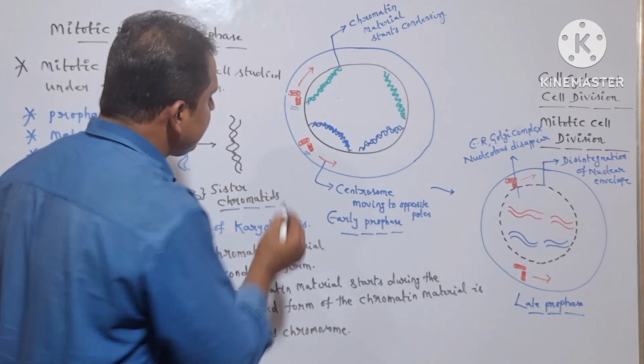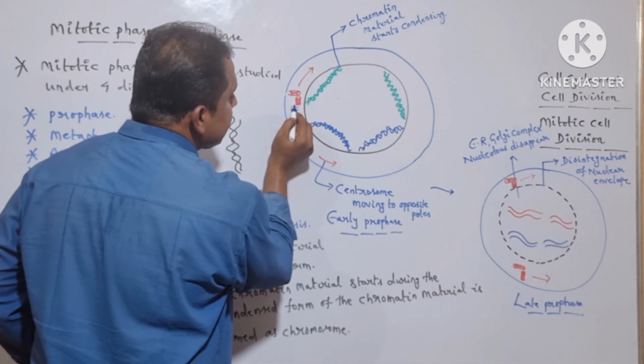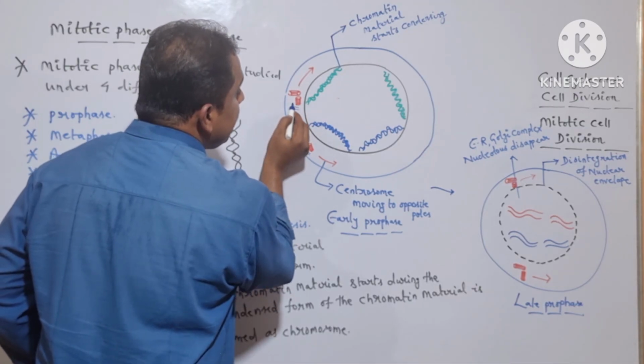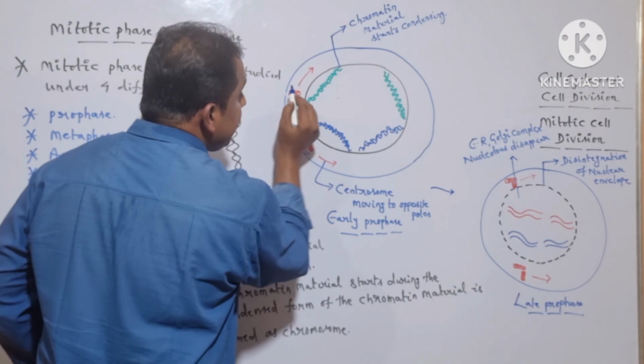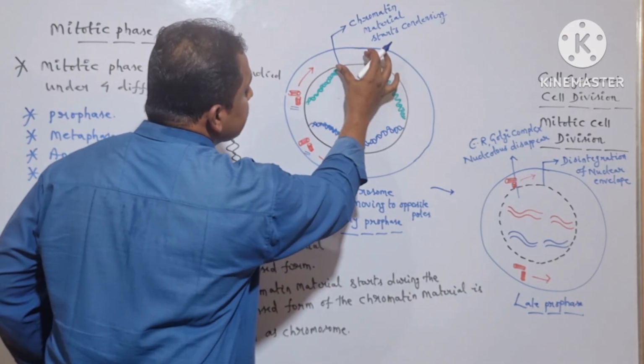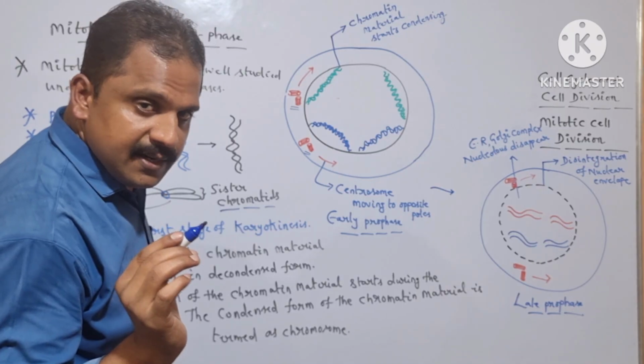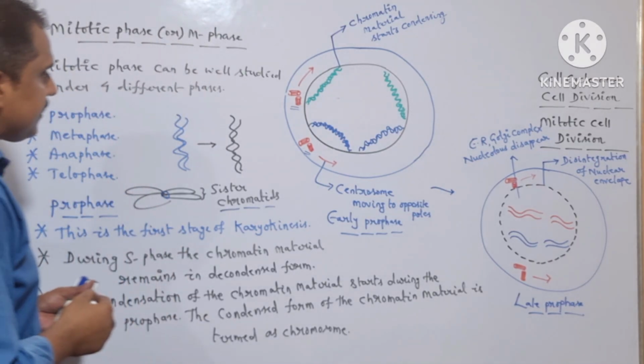Is it clear? The centrosome which successfully undergoes duplication during the S phase of the cell cycle now successfully migrates towards the opposite spindle poles during the early prophase. Is it clear? So let me arrange the things here.